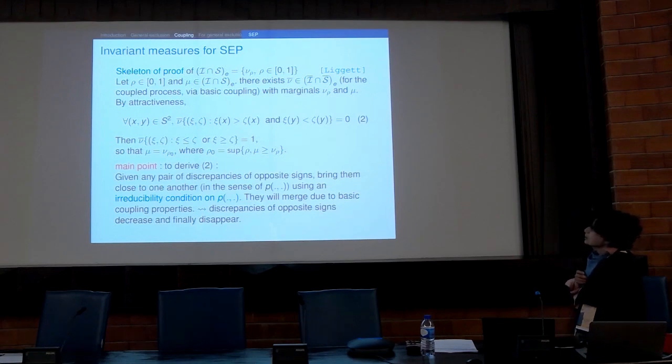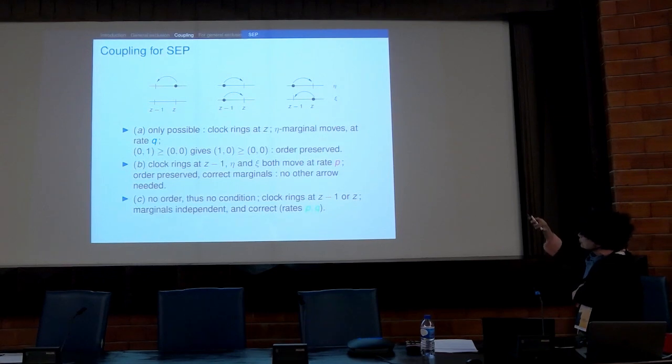If you have a measure mu belonging to this set, you take one of the nu rows, you couple them through basic coupling, and the main part of the proof is to prove that you cannot have discrepancies of opposite sign. Like before, with the last jump, the discrepancies merge one with the other, and in the end, you have no more discrepancies of opposite signs.